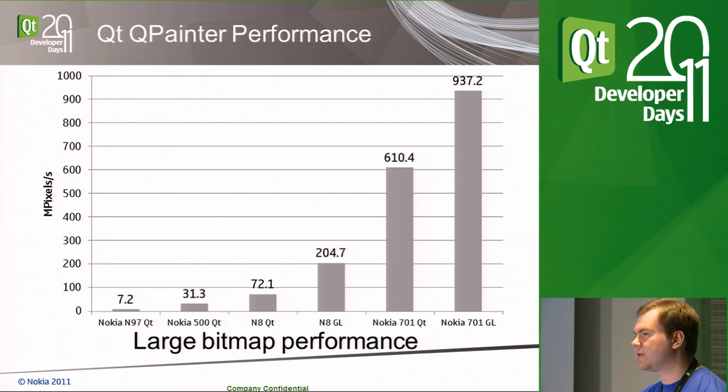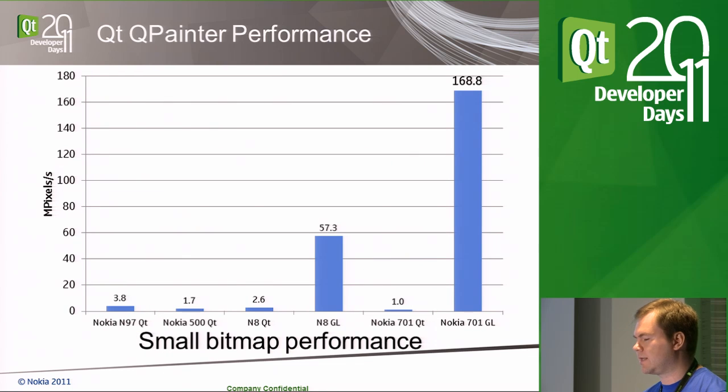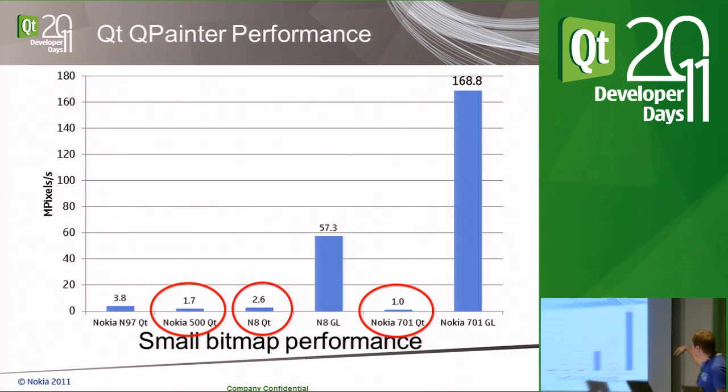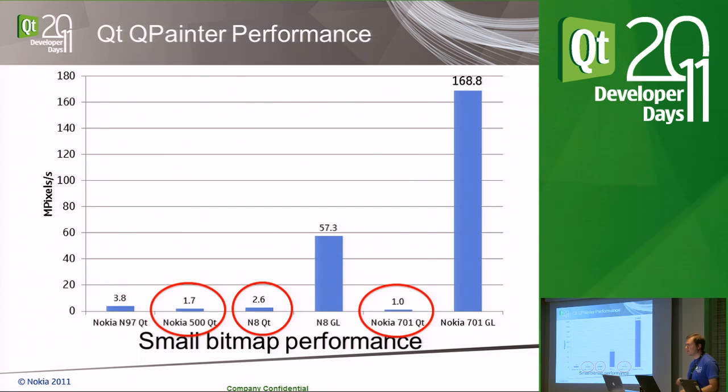But now the interesting thing is what happens if I use really small 8x8 bitmaps, splitting those to the screen and measuring the performance. Here you should notice these. Basically, all the Qt backends have some issues, because there's always more than a 100x difference compared to OpenGL ES, and this is something you should be aware of.